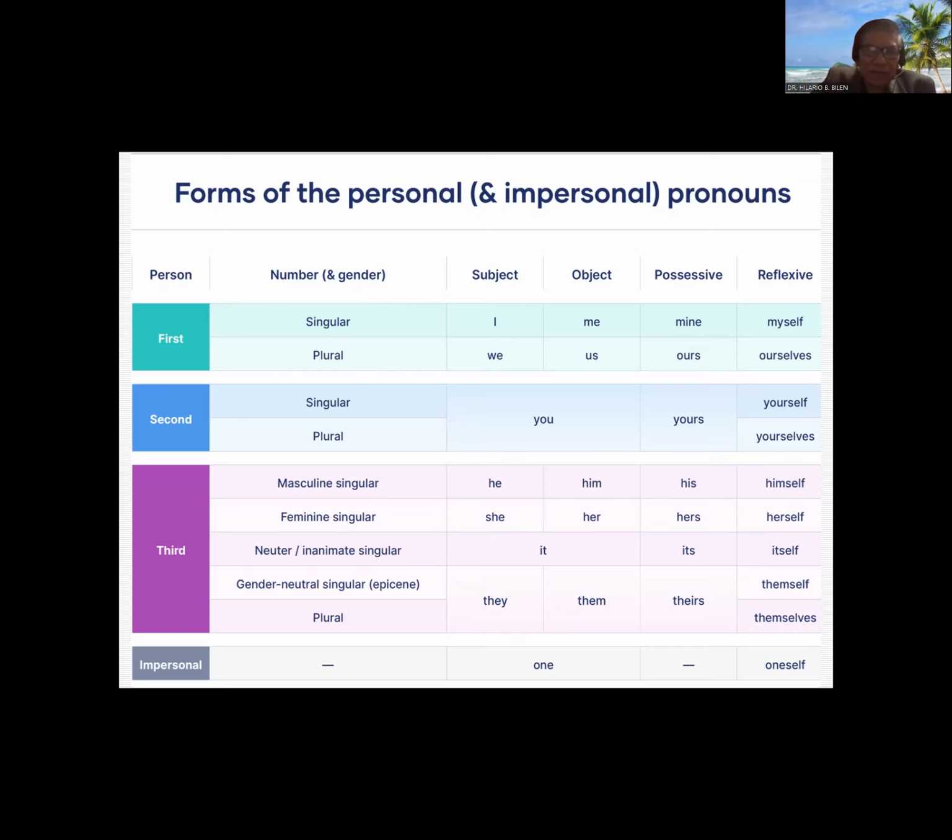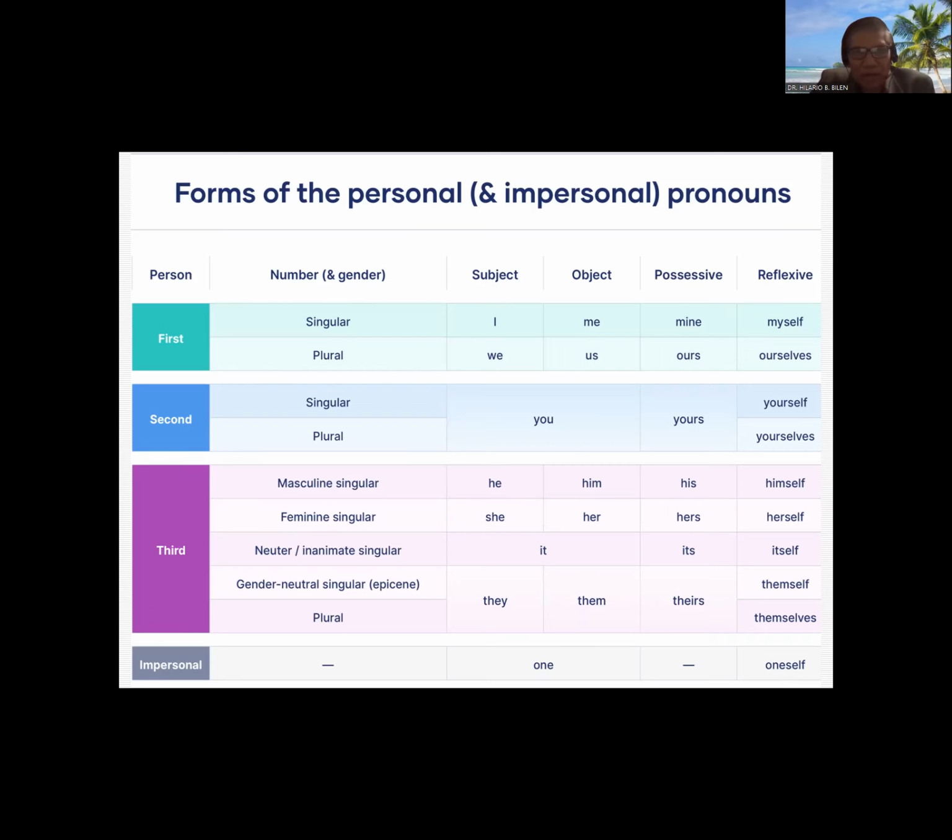When we say first person, we have always the singular and the plural. Under the third person, we have the masculine singular, the feminine singular. We have the neuter or the inanimate singular. We have also the gender, the neutral singular, and we have also the plural.